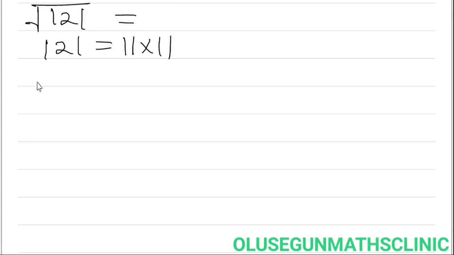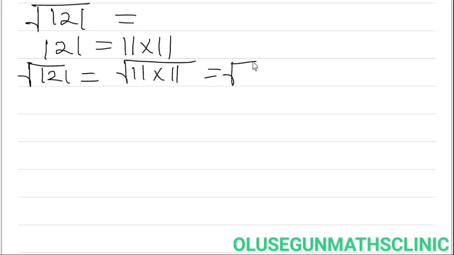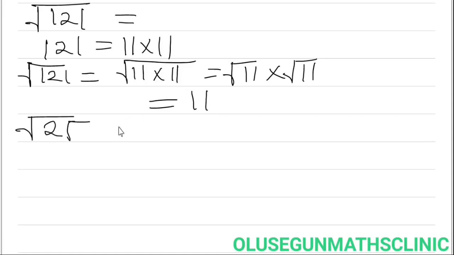So root 121 will be written as root 11 times root 11. You select one, which is equal to 11. The same thing with root 25: it is 5 times 5, and you select only one of the 5.